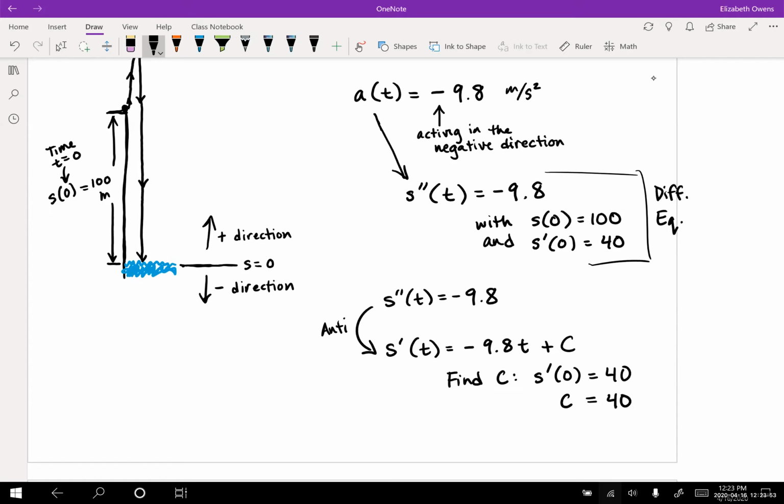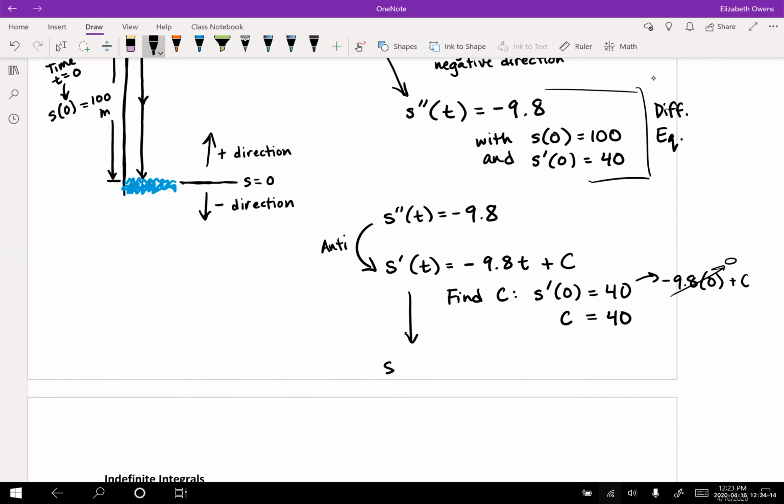Okay. So we're plugging in 0 to the s prime. Negative 9.8 times 0 plus c would just be c. And so we get c equals 40. All right. And so that is the first derivative. That's our velocity function. Negative 9.8 t plus 40.